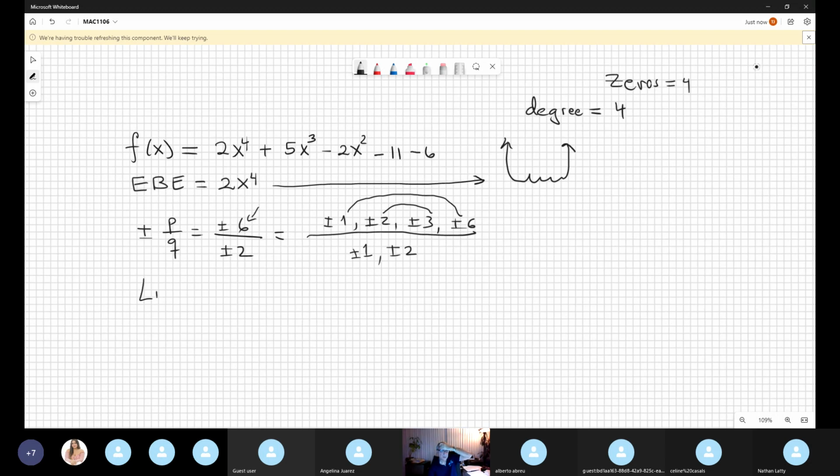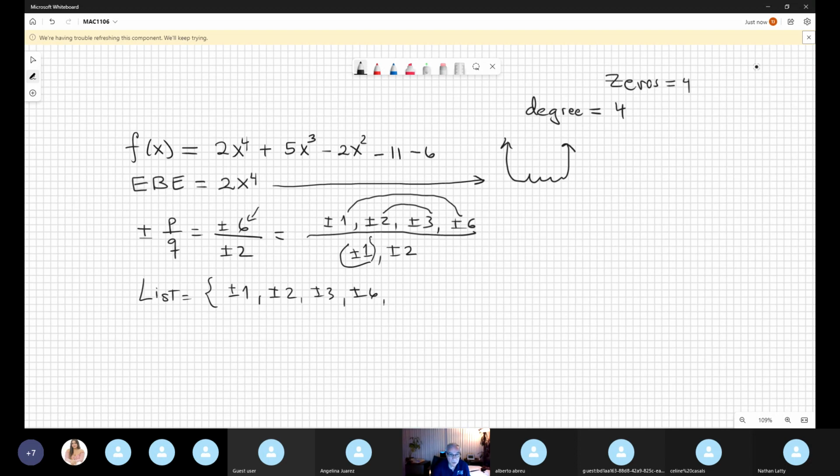Now the list of the potential rational zeros are plus or minus 1, you consider the first number in the denominator divided by each numerator. Since 1 is invisible, you know, it stays the same.